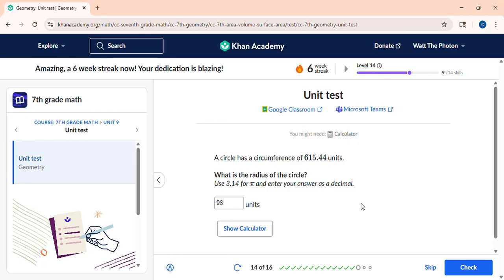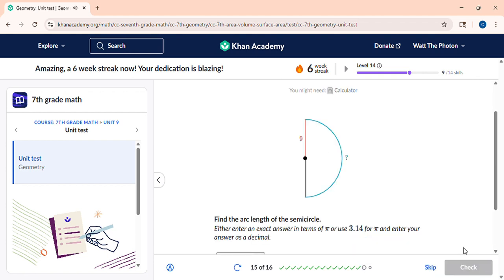So let's see if this is right. 98 times 2 times pi gets 615.75 units. If we substitute 3.14 as pi, we get 615, which is right.